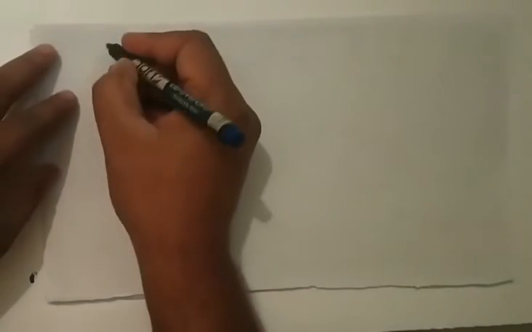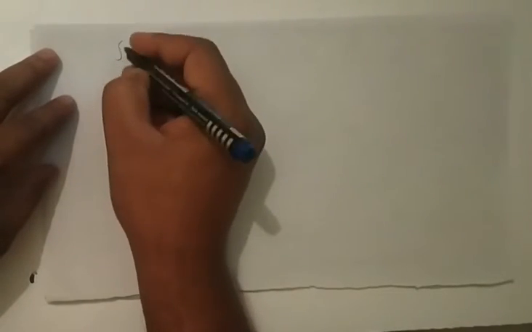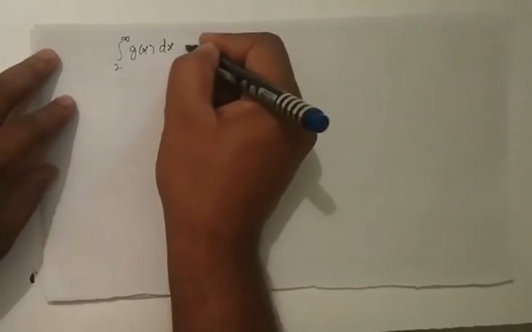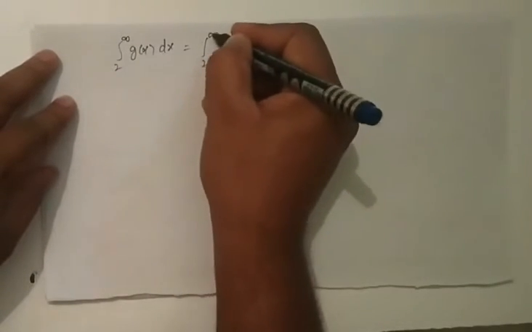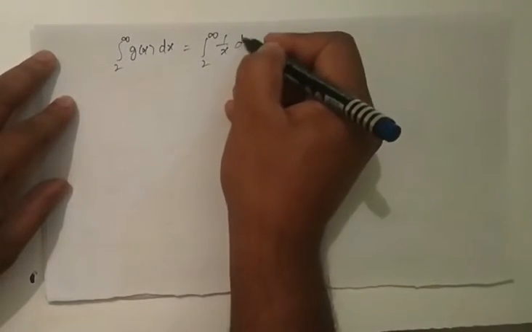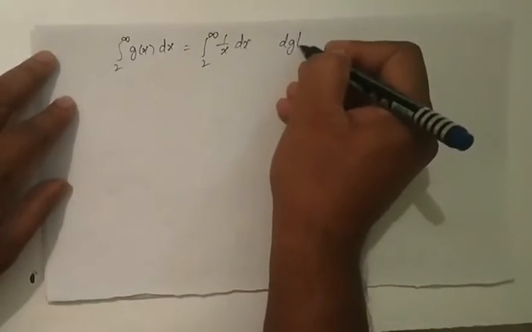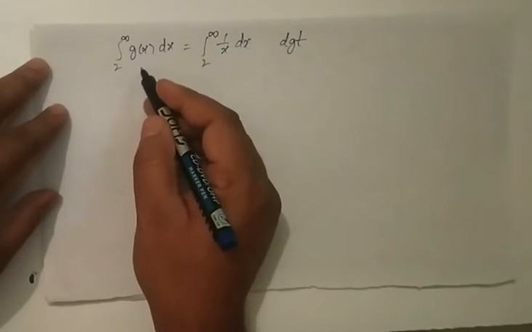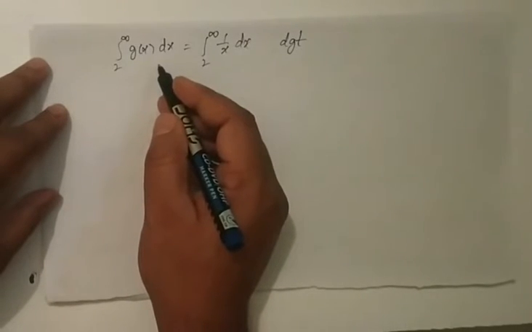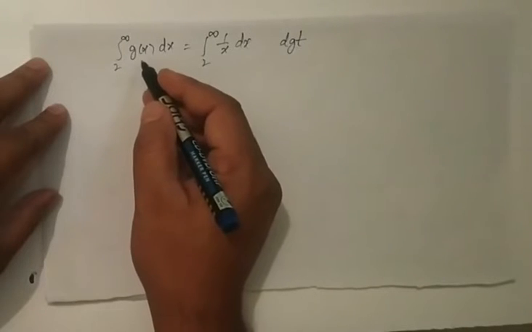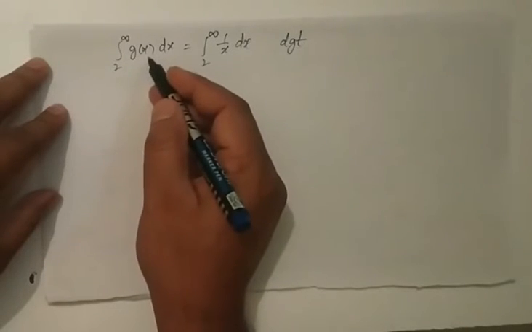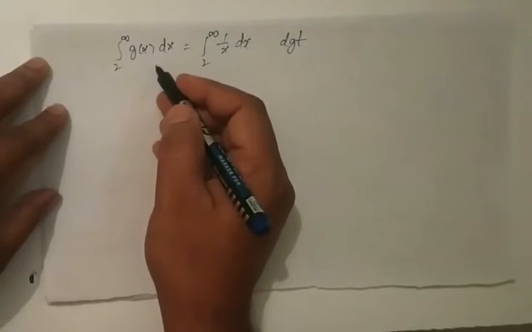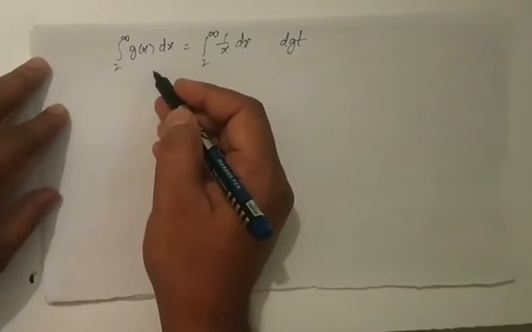So here, the integral from 2 to infinity of g of x dx, which is the integral of 1 by x dx, is divergent. Since it is the smaller function, the integral of the bigger function is also divergent by the comparison test.